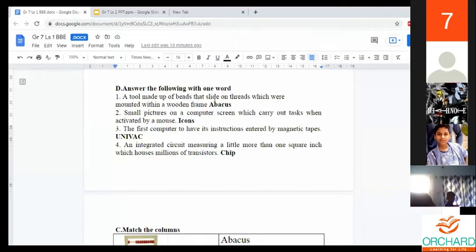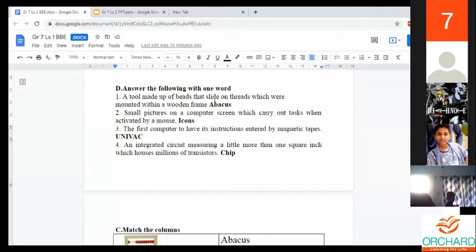Can anyone abbreviate the full form of UNIVAC, children? Please do chat in the chat box. Can anyone abbreviate the full form of UNIVAC? Okay, Universal Automatic Computer.